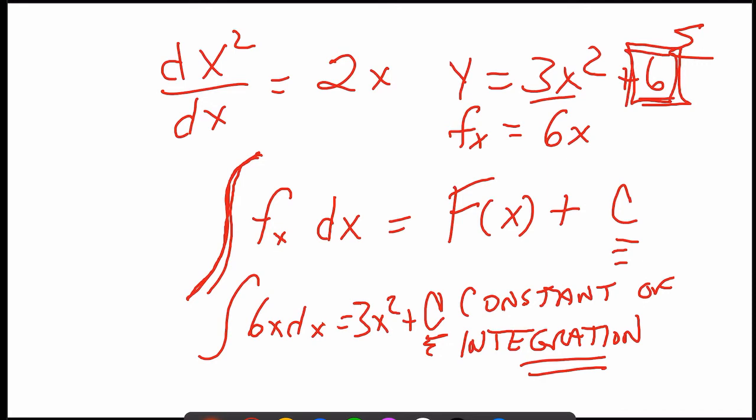I'd have to have some way to go back and find out that that was originally a 6. For example, I have to know a point on the function, right? A point on that line, and then I can go back and figure out what that is.